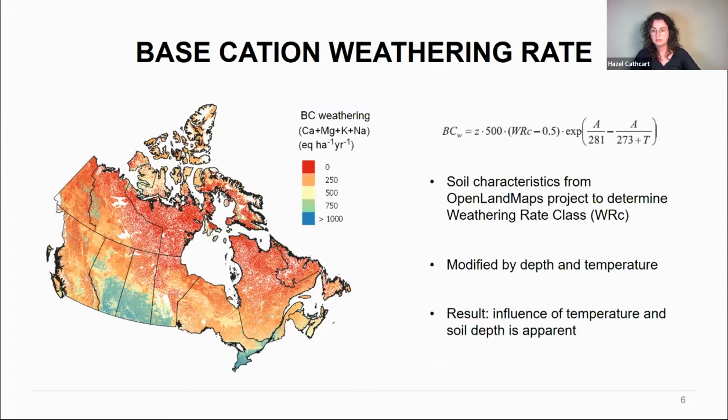Challenges to mapping this layer for Canada, because it is defined by soil characteristics such as soil texture, depth, and organic matter content. Canada's soil database, the Soil Landscapes of Canada, is a polygon map that has 2 main versions, version 2.2, which is from 1996, and 3.2 from 2011.